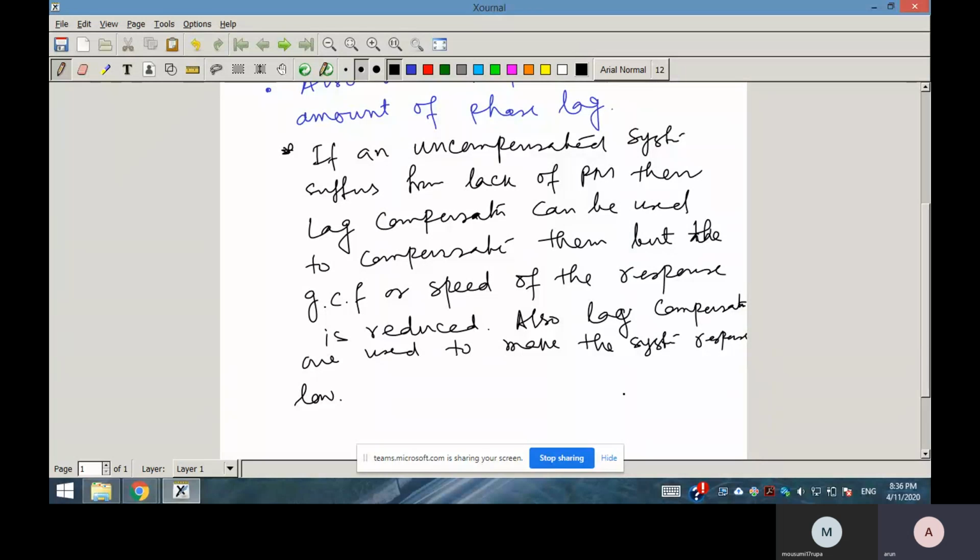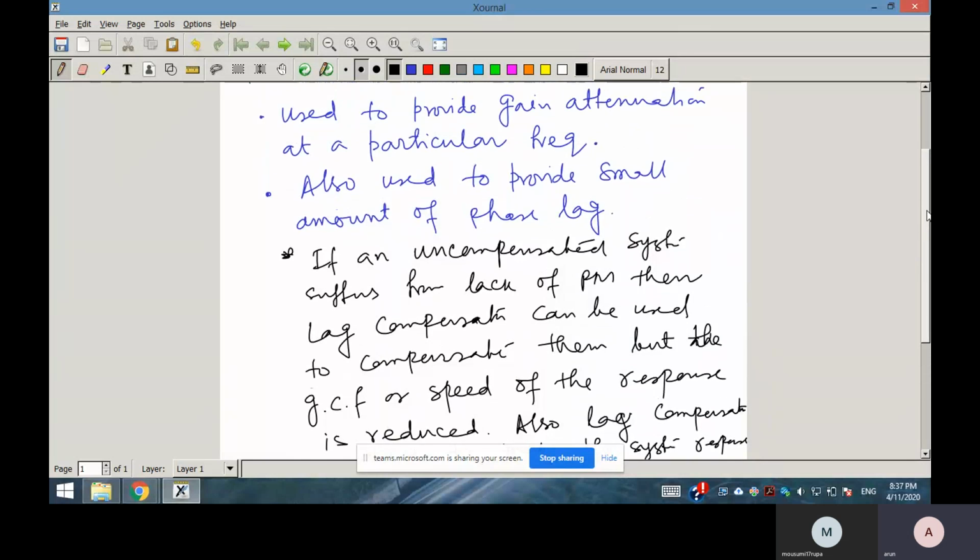That means you have to bring down the gain curve of the uncompensated system, so that the desired phase margin is obtained. Once the gain curve is brought down, the gain crossover frequency will reduce. Then what advantage do you get? Your phase margin will increase. So this is the main use of a lag compensator.